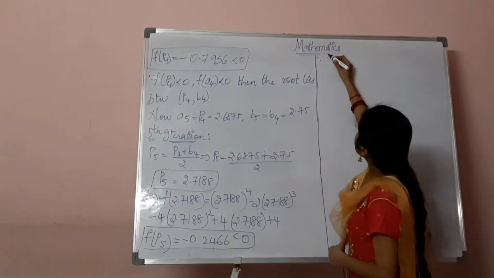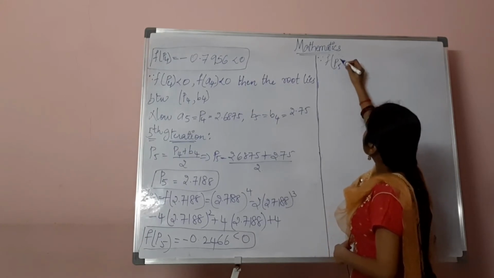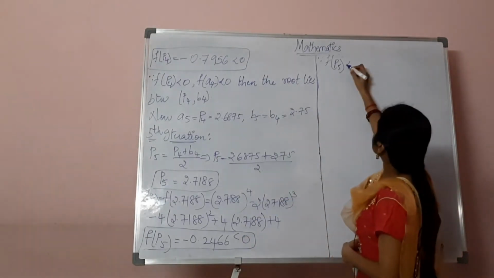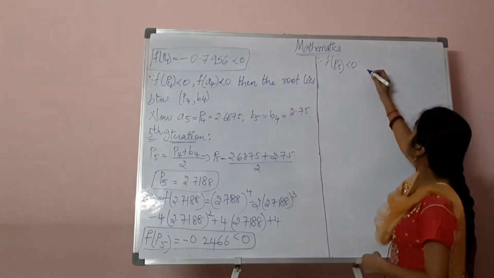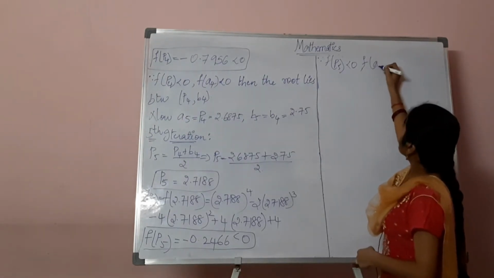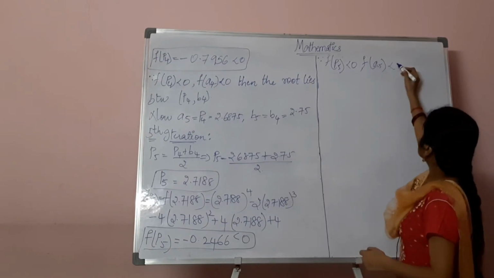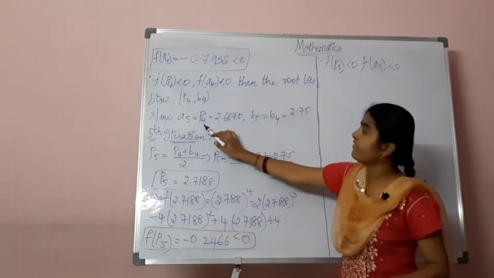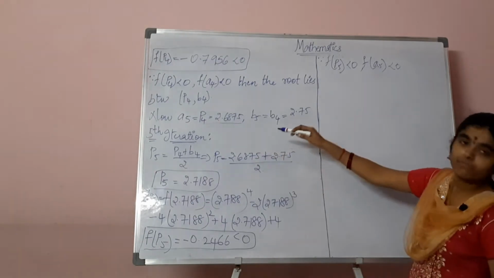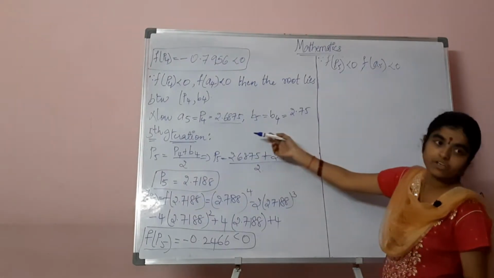Since f of P5 is less than 0, f of A5 is also less than 0, because A5 is P4, and when we substituted the P4 value in the equation, we got a negative value only.